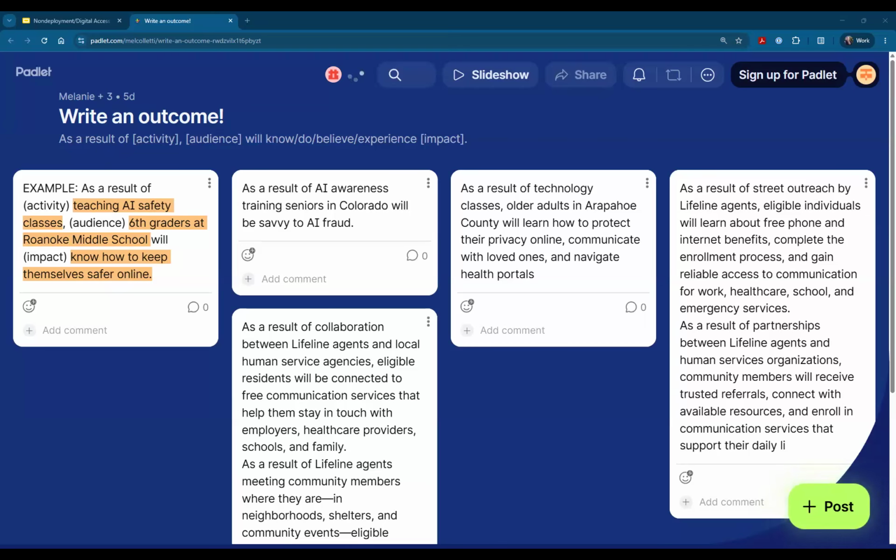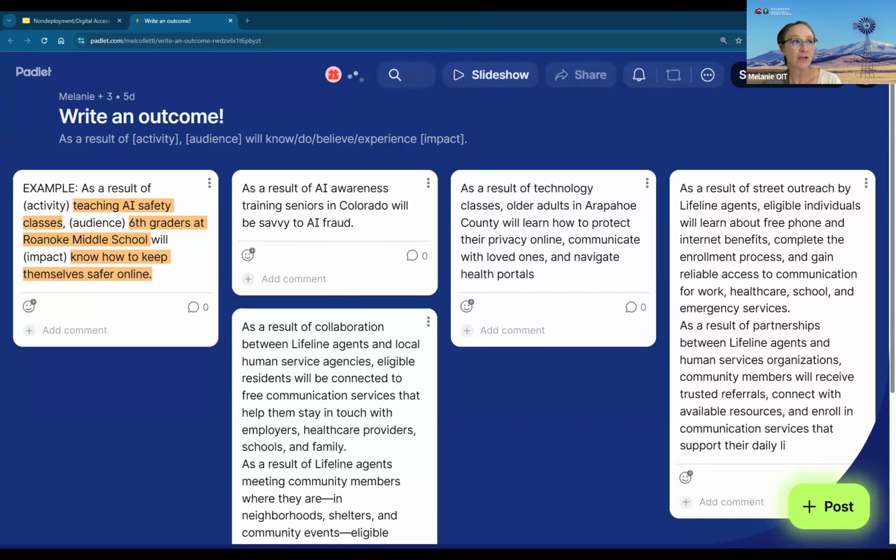The exercise here is really to make sure you're thinking of that outcome so that when you work on your application, it comes through clearly as we review it. Thank you for helping with that, Megan.